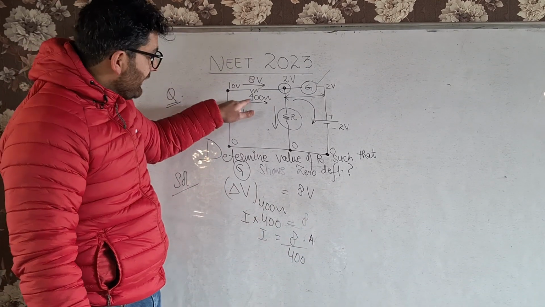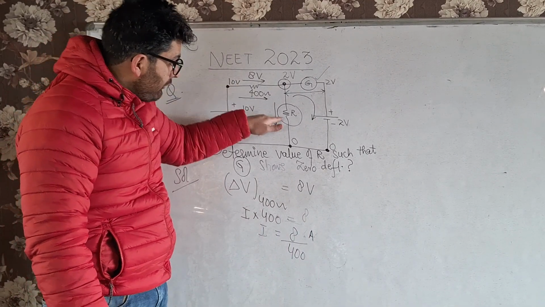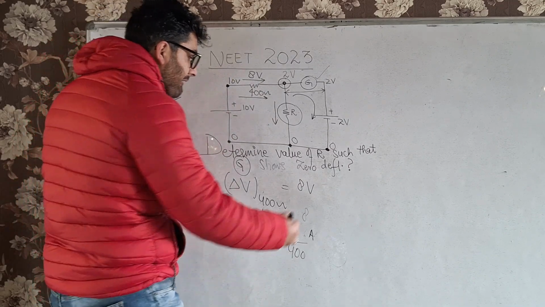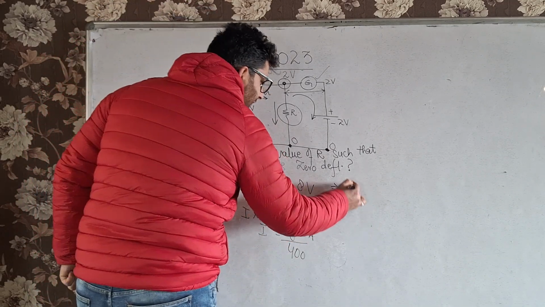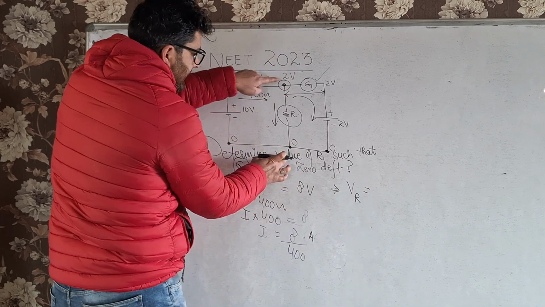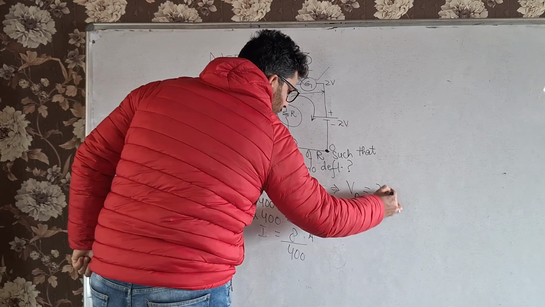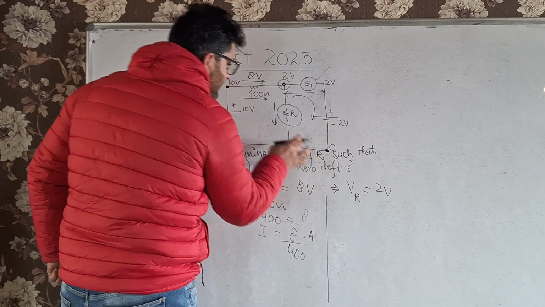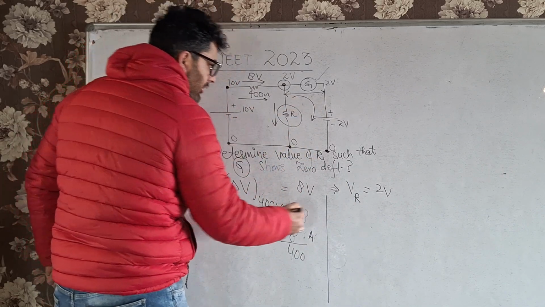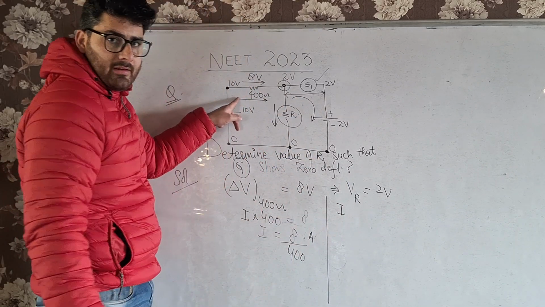This current will flow across this resistor and it will flow across R also. So what should be my value of R? The potential difference across R, I know from the circuit, is 2 minus 0, that is 2. Now, across this resistor, current will be the same as across this.